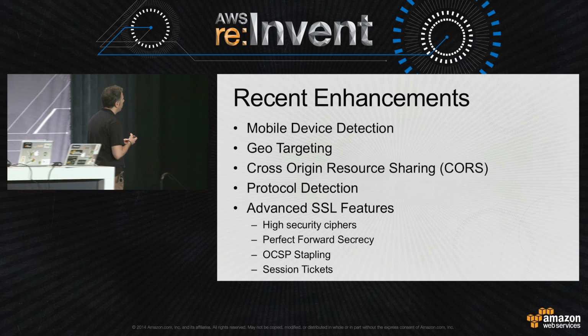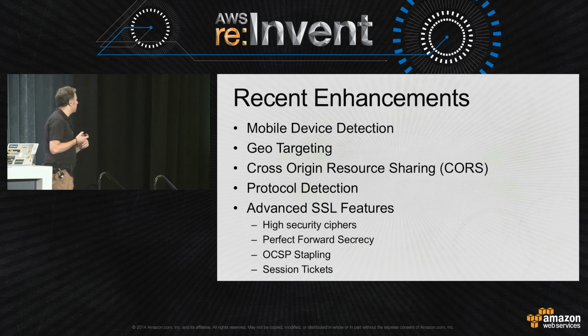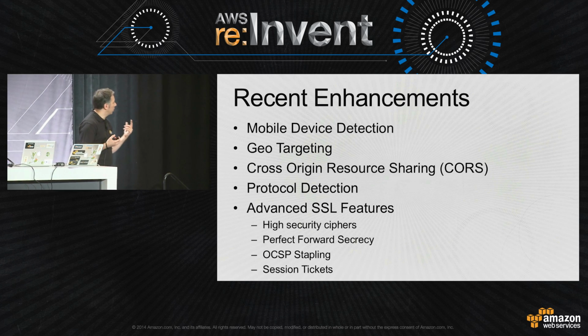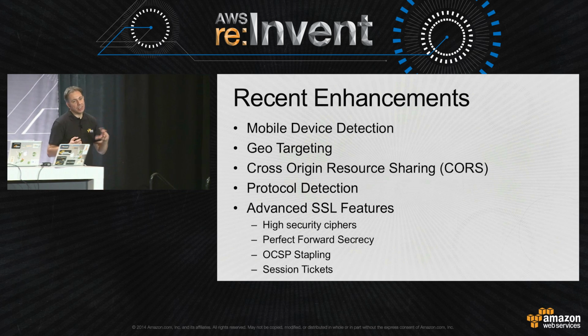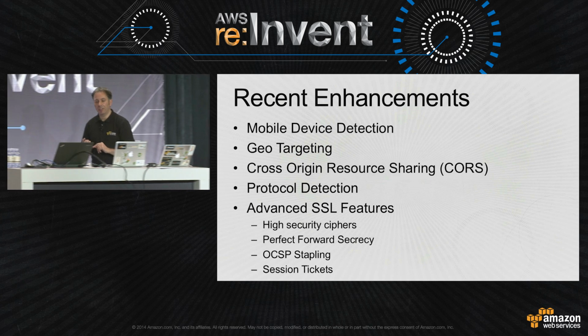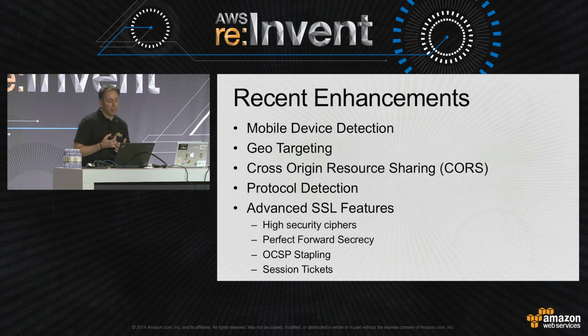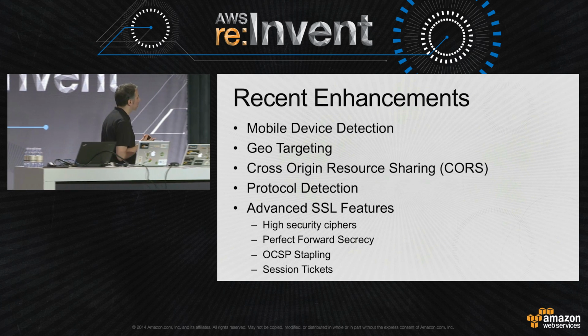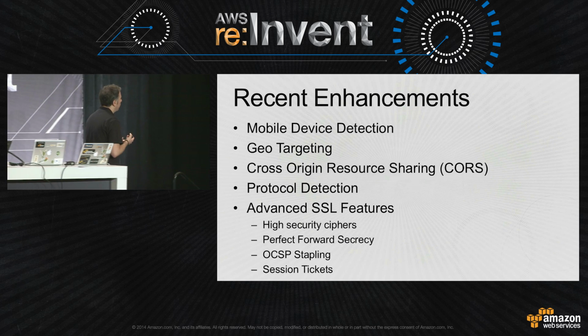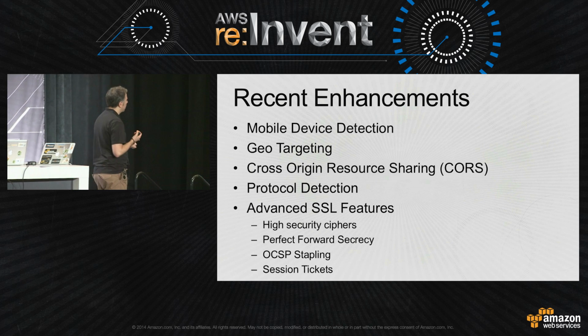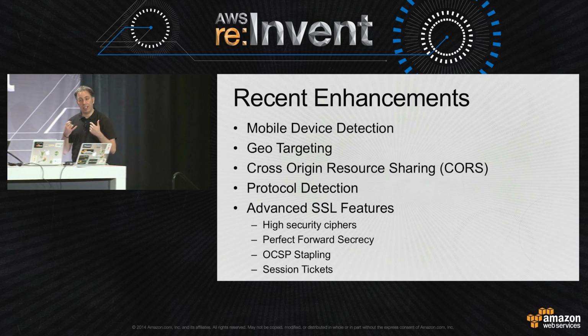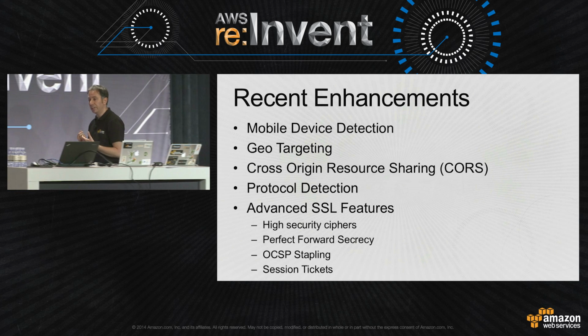And we added a lot of features for SSL security. On one side, increasing the security of the SSL configuration, like using ciphers that are highly secure, but also speeding up SSL itself. Features like OCSP stapling and session tickets allow us to serve the content more quickly.